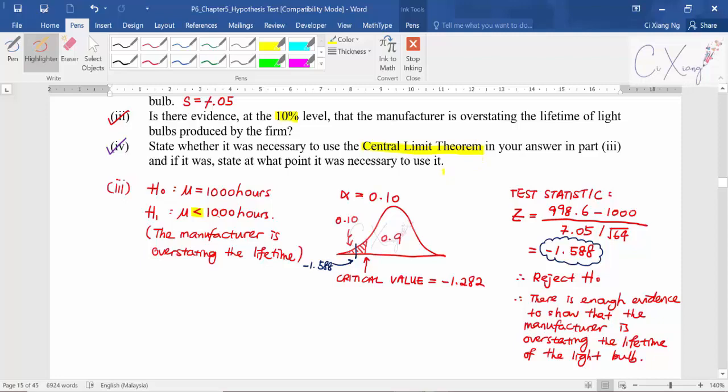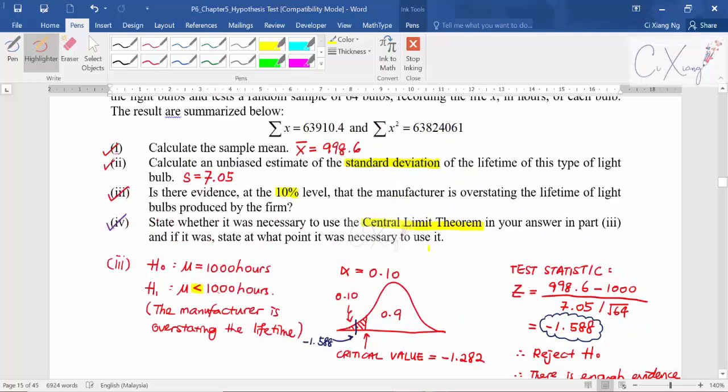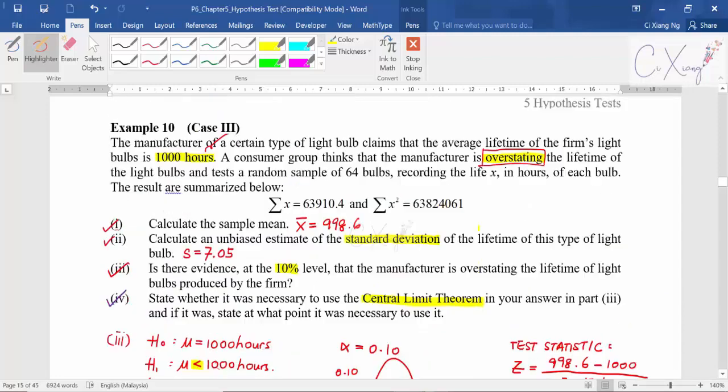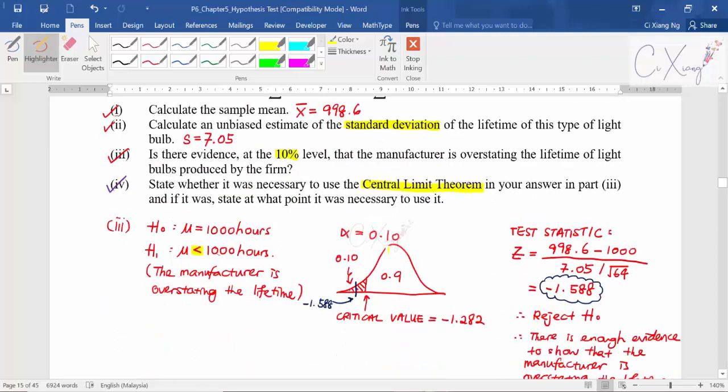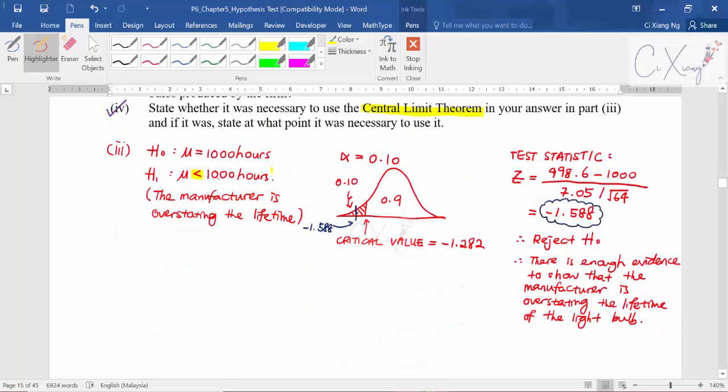As I mentioned before, you apply the central limit theorem when they didn't mention whether your population is normal or not. If you look at the question again, they didn't tell you the words normally distributed. So you are applying the central limit theorem in this case. This is how we answer the question.